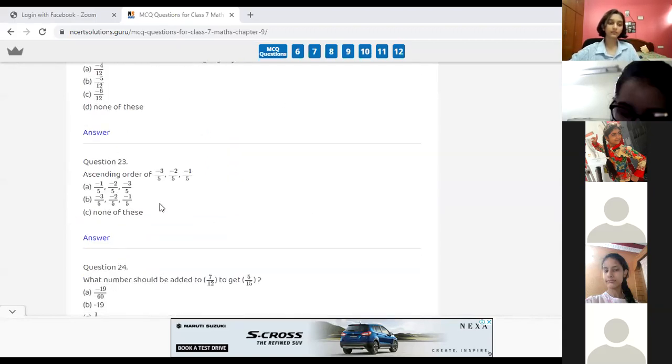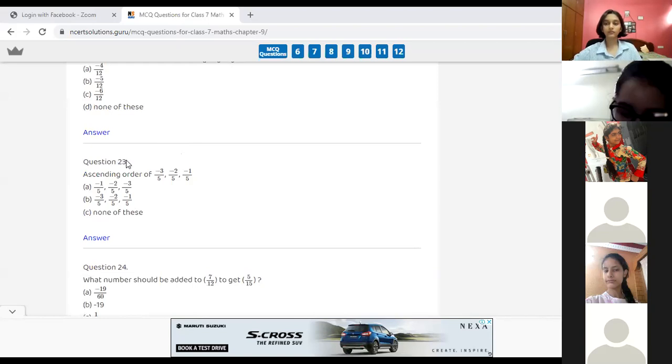Okay. Now do this. You have to arrange it in ascending order. For ascending order, you will start from the lowest term. Yes, Samriddhi, Guneet. Can you tell me the ascending order of this? Minus 1 by 5, minus 2 by 5, minus 3 by 5.